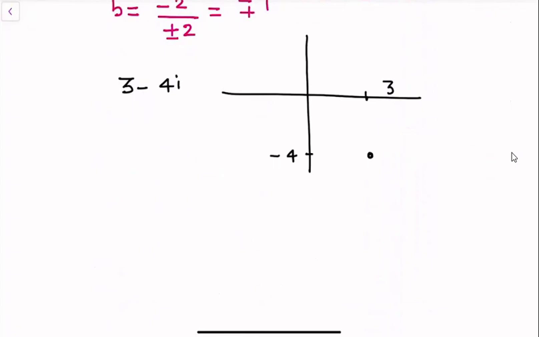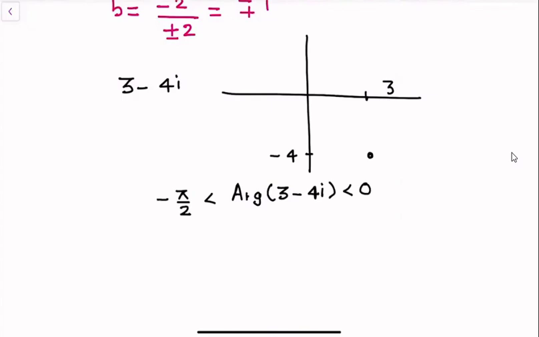Then the principal argument of this complex number is between negative pi over 2 and 0.